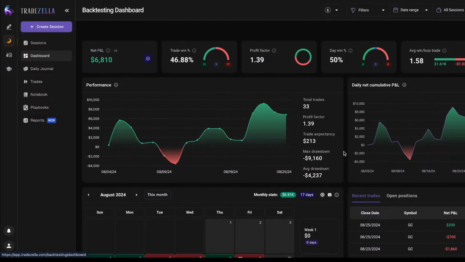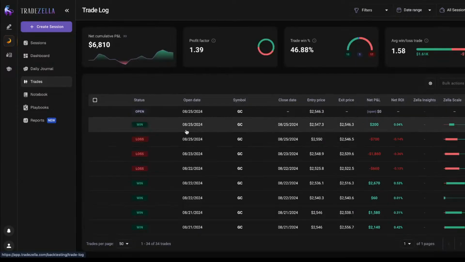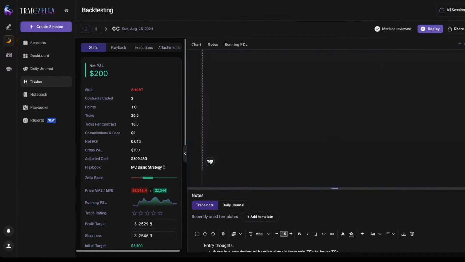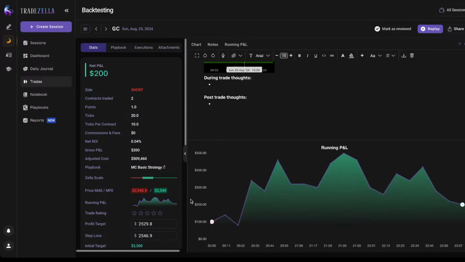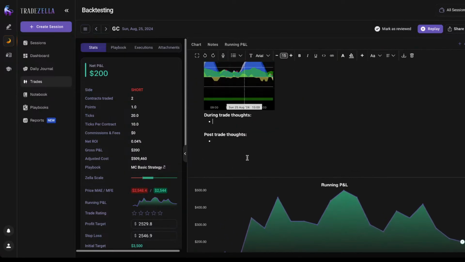We're on trade 33. Go into my journal. Count it. During trade, saw the 5-minute getting stronger. Saw the mid time frames getting stronger.